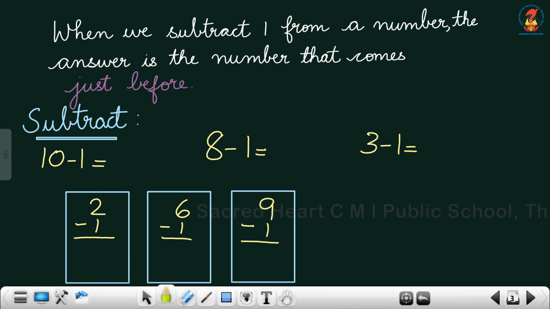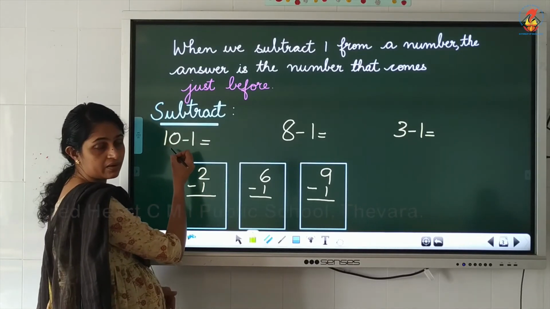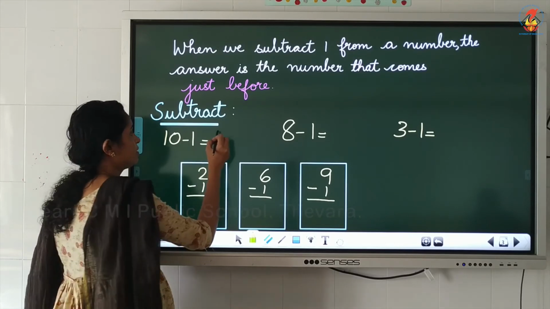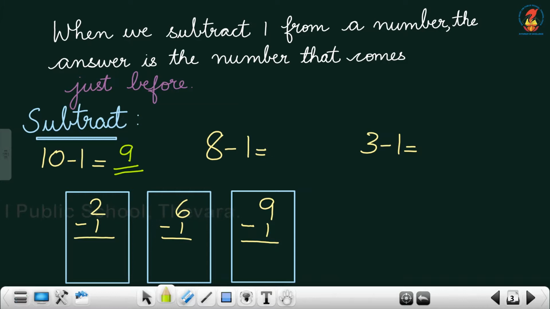Here we are subtracting 1 from 10. So what must be the answer? The number that is coming just before 10. Which is the number that is coming just before 10? It's 9. 8 minus 1? Which is the number that is coming just before 8? 7. Number that comes just before 3? 2.